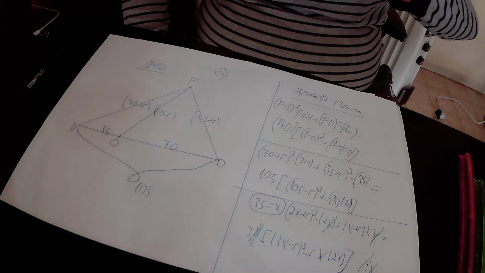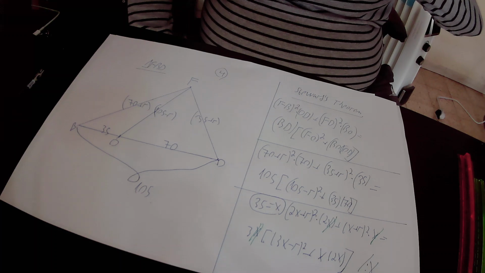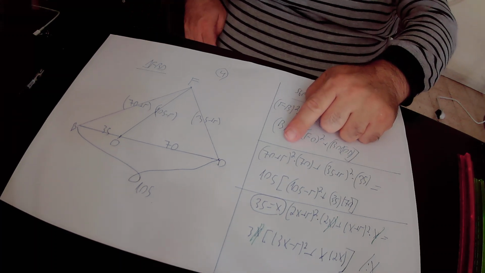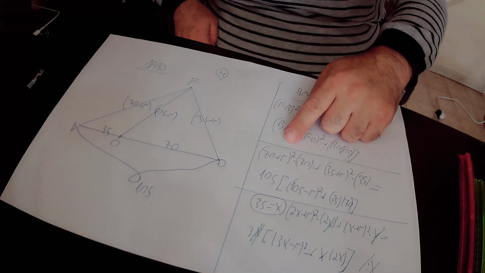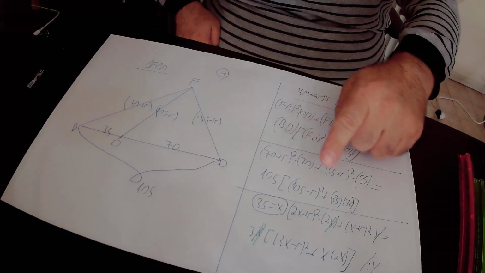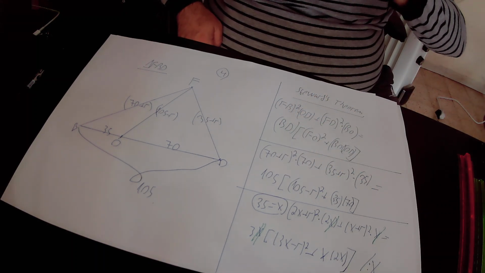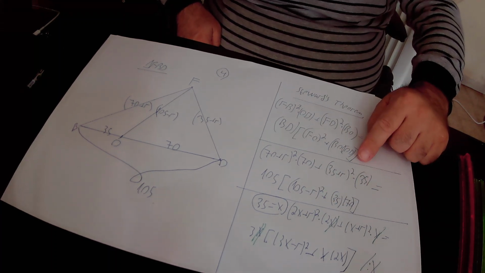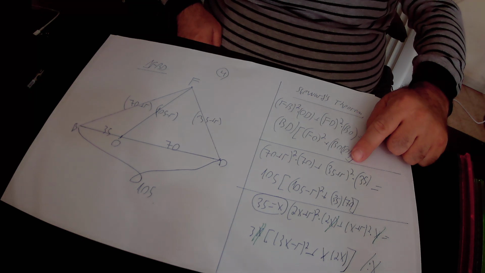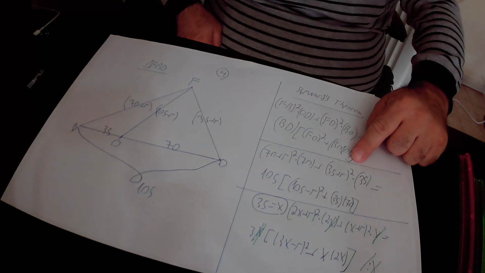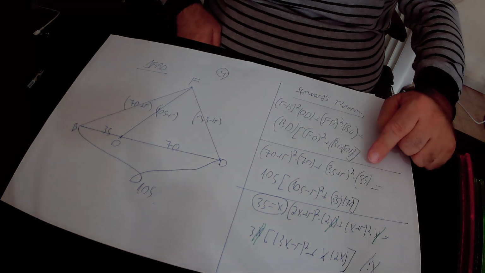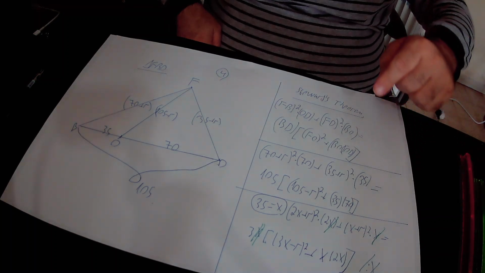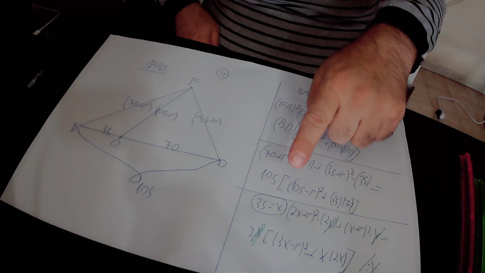So 35 equals x according to our definition. So in the equation here we have 70, that is 2 times 35, that is 2x, plus r squared times 70 which is 2x, plus 35 plus r squared is x plus r squared times x, times 35 which is x, and it is equal to 105.